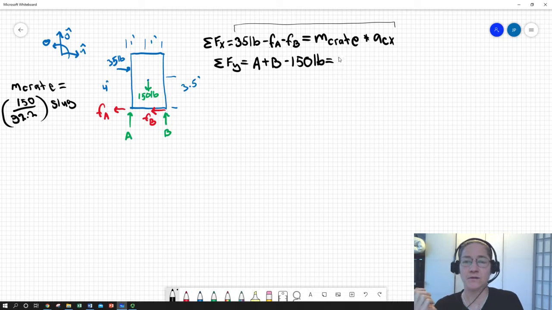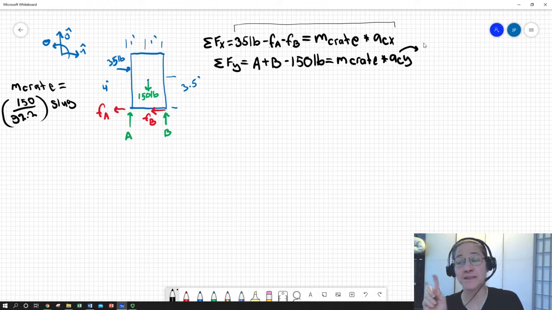So those equal, we'll write this the dynamics way, the mass of the crate times the acceleration of the center of mass in the y direction, which just so happens in this one case to be 0. So that whole expression equals 0.